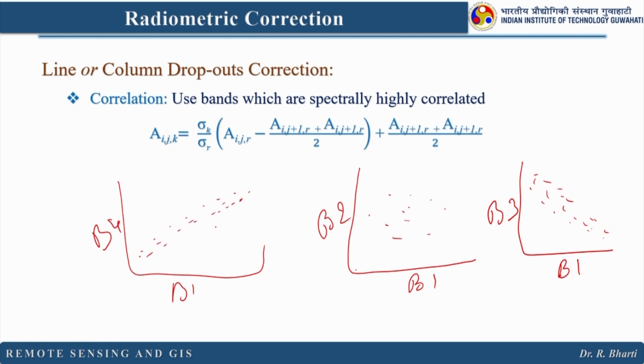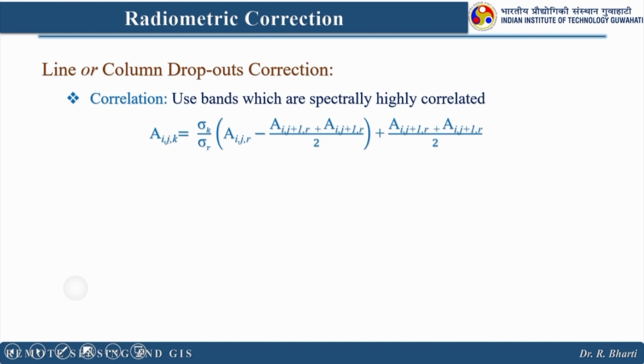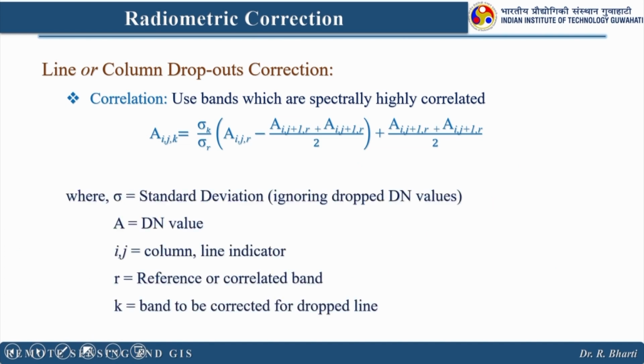So, it is better to use the line or column value from this particular B4 to replace the bad lines which are there in B1. So, this is the concept when we are going for correlation. Here you can go through this one. I have already explained the fundamentals.